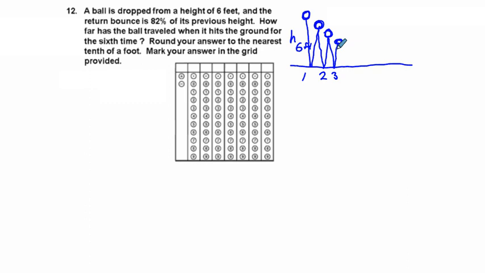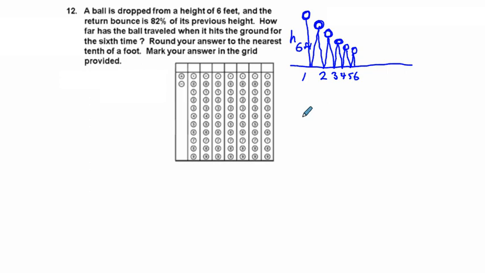So we've hit the ground 4 times up here, hit the ground 5th time, and then the 6th, go up here and hit the ground for the 6th time. So that's the last one we're going to have.